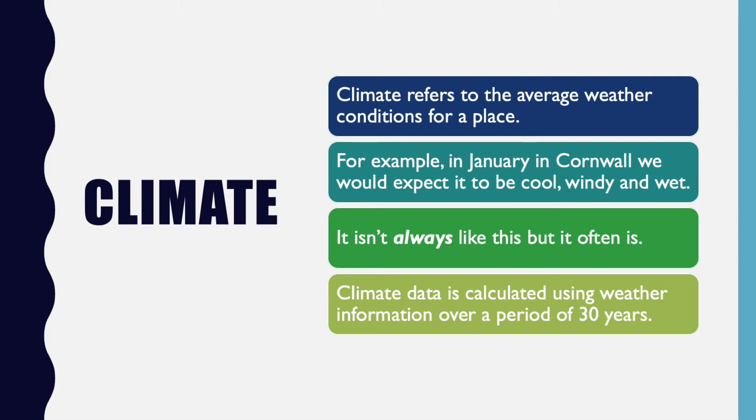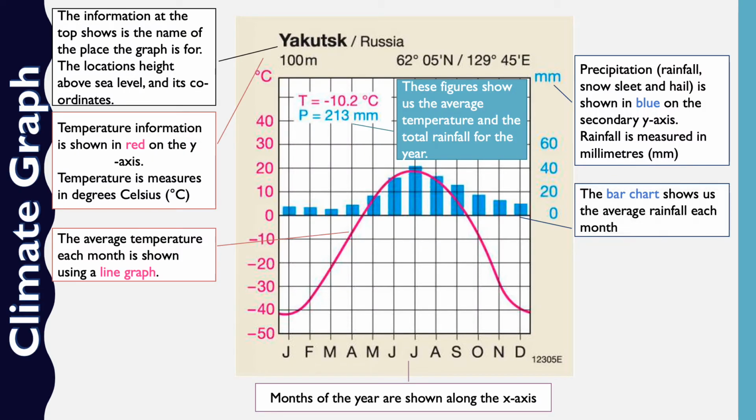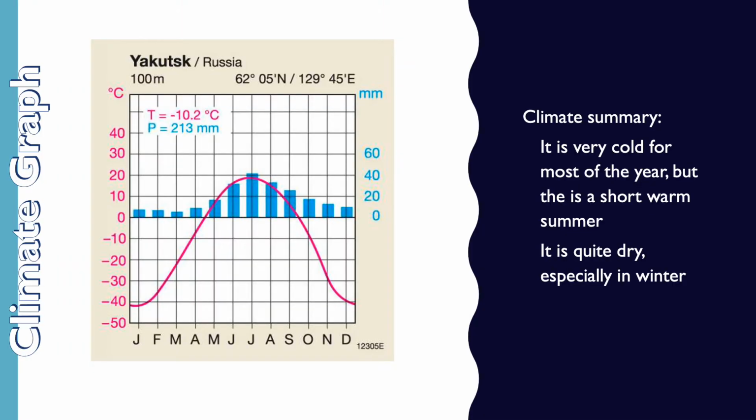Okay, right, so one way that we often show climate is in a climate graph like this one. We can see that it's cold for a lot of the year. From September through to the end of April or middle of April, the average temperature is below freezing.